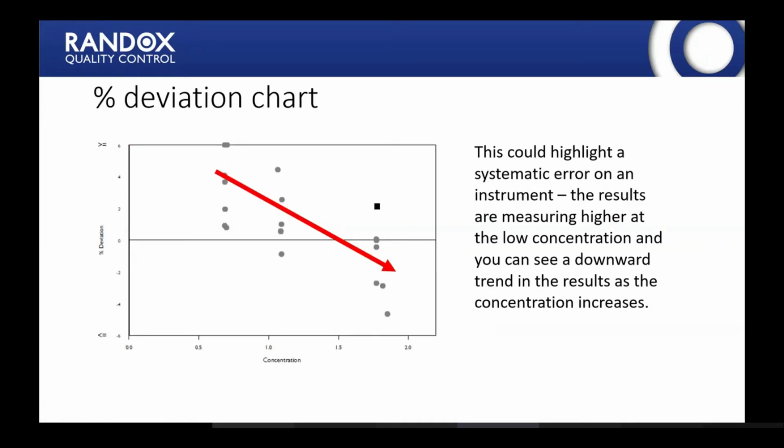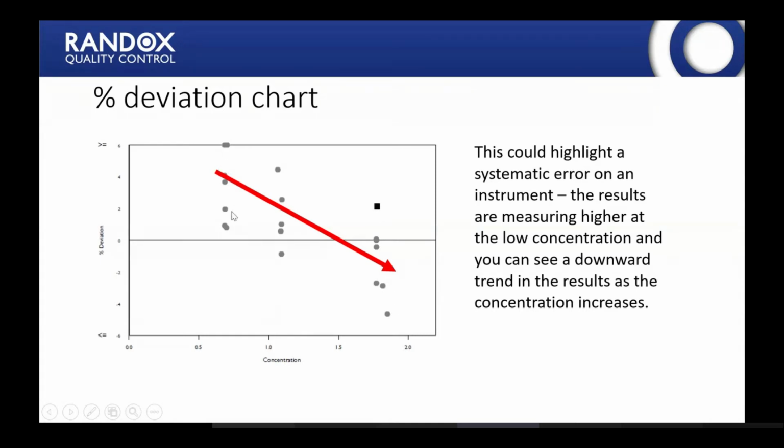So we can use the percentage deviation chart to establish if we have a bias at a particular concentration level, and we can also, as you can see in this instance, identify a possible systematic error with the instrument. So at the lower concentration level, the results are higher than the mean for comparison, and as the concentration increases, we can see there's a downward shift in the level of the difference between the mean for comparison and the lab's result.